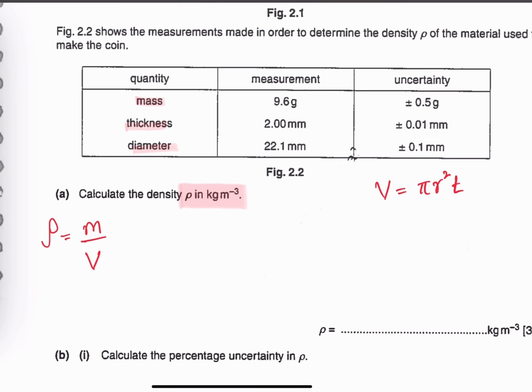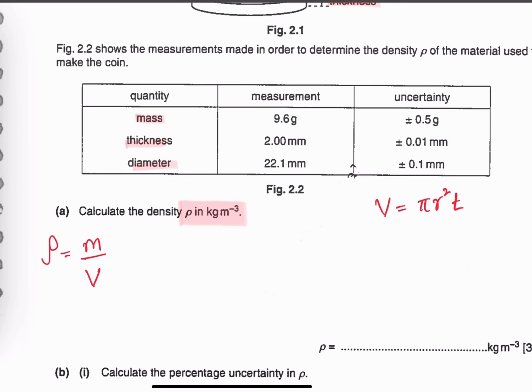But we don't have the radius, we have a diameter. So as we know, r is equal to d by 2. Putting this value, we get V is equal to pi d squared divided by 4 into t. So this is a relation for the volume. So density will be equal to mass divided by pi d squared t divided by 4.